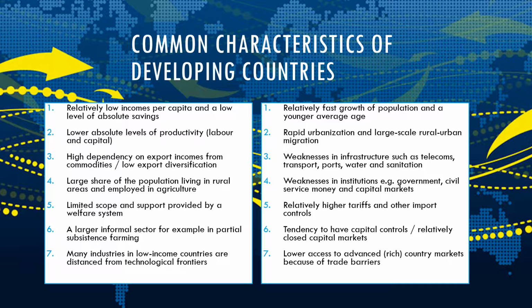So relatively low incomes, lower levels of productivity, high dependence on exports, a large share of the population living in rural areas, limited scope and support provided by the government's welfare system, a large informal sector, so lots of economic activity going on which the government don't know about, a low technology economy, relatively fast growth of population and a young average age, rapid urbanization, weaknesses in infrastructure, weaknesses in institutions, often protectionist measures, and tendencies to have a lot of capital controls. And finally, lower access to the global trading system, lower access to rich country markets.